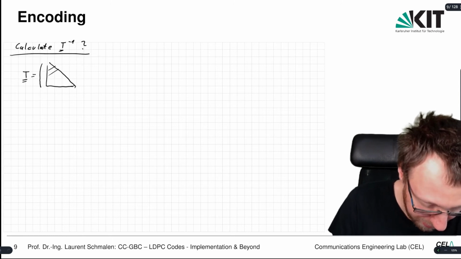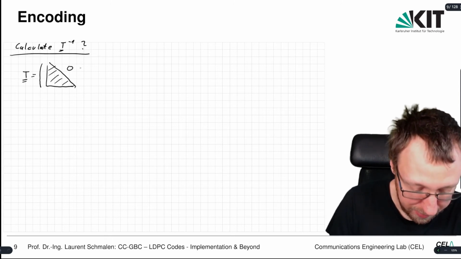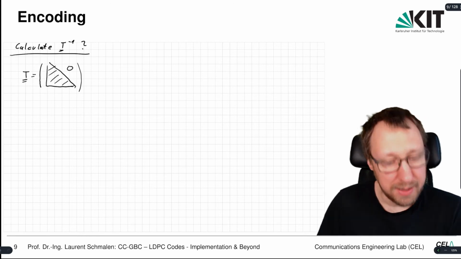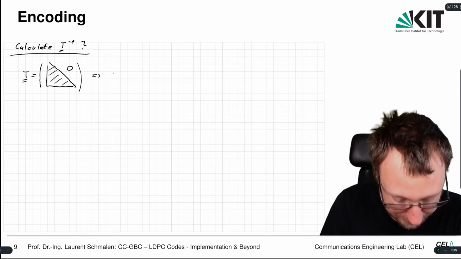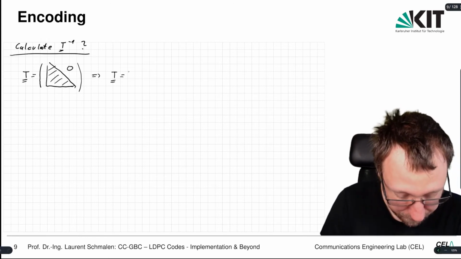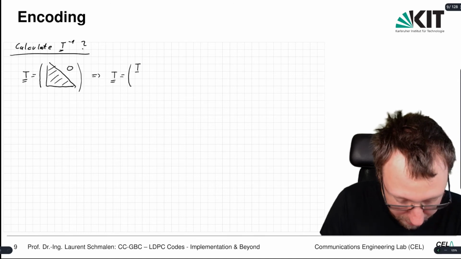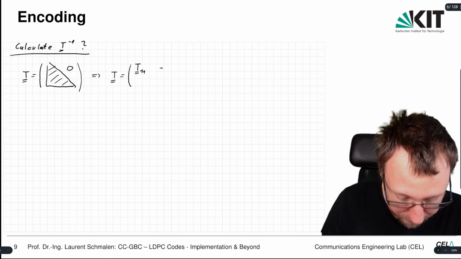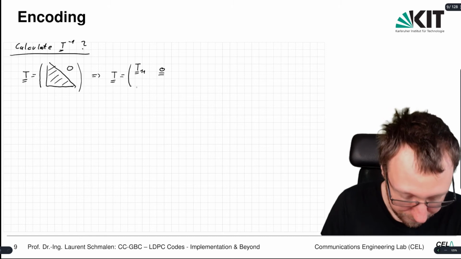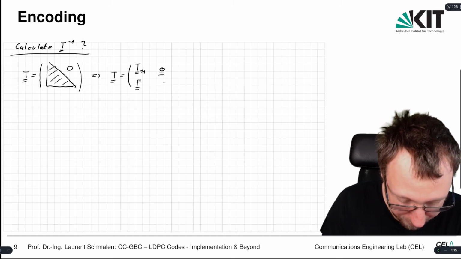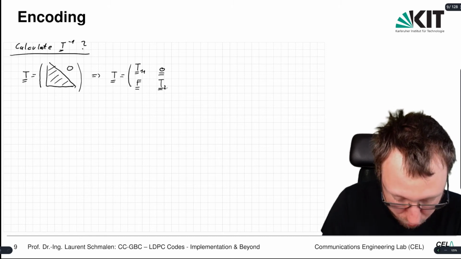So here we have entries and we have 0 over here. It means we can write T as T11, 0, matrix F, and the matrix T22.